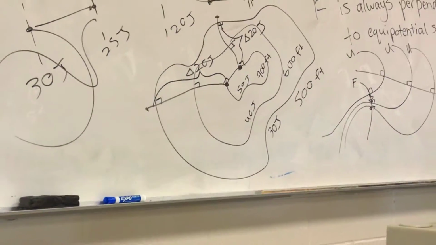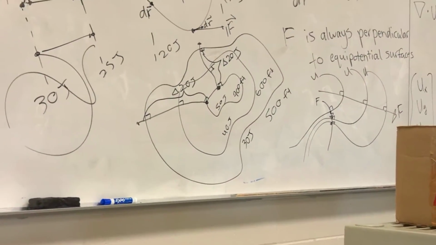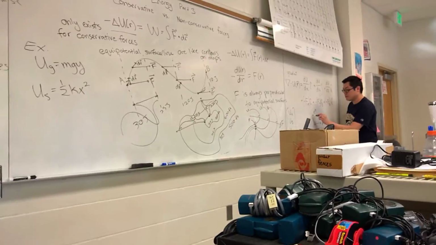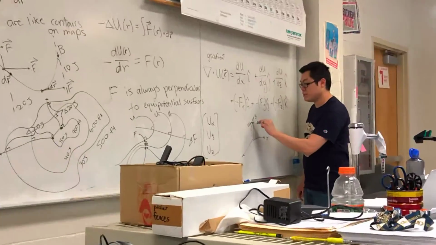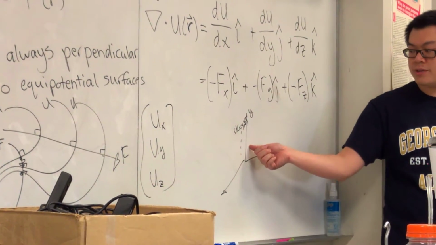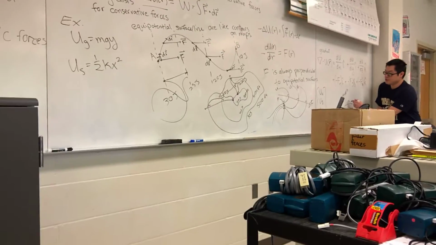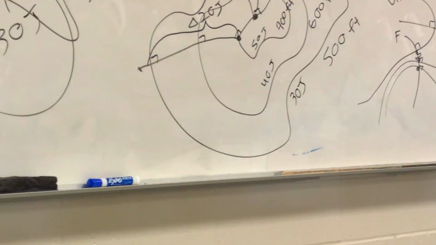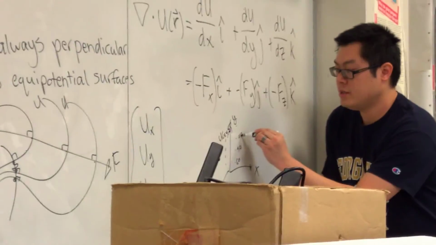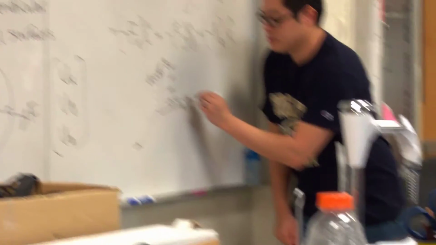You can describe in all three-dimensional space, at every position, U as a function of x, y, z. So maybe it's 60 joules here, then 30 joules and 40 joules, and maybe it goes from 60 to 50 to 40 to 30, but in this direction it's just 60 to 60.